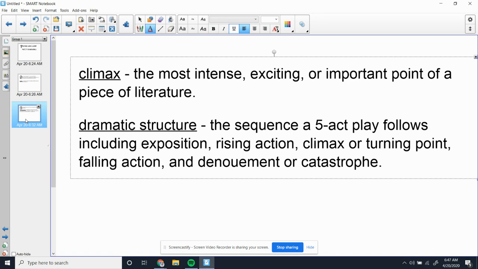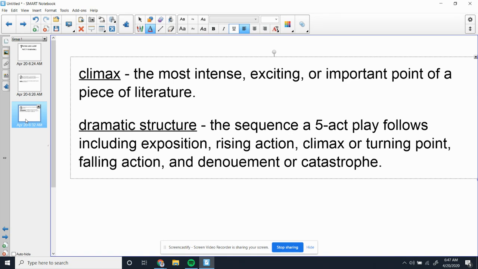Of course, there's more and more drama that keeps getting built every single act. And a whole bunch of extra things are going to happen here in Act 3. Then you have the climax, sometimes also known as the turning point. That's where the character has to make a decision. Am I going to do this and make my life turn this way, or am I going to do that? And there's no turning back from a climax.